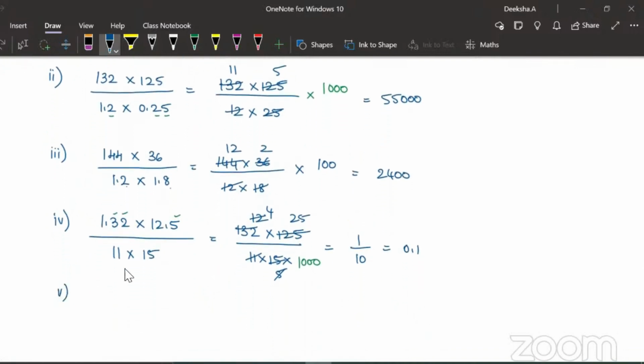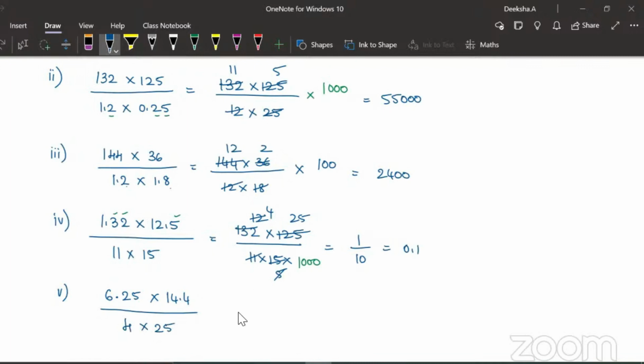Now answer this. 6.25 into 14.4 divided by 0.4 into 2.5. I will write only decimal number in the numerator. 4 into 25.